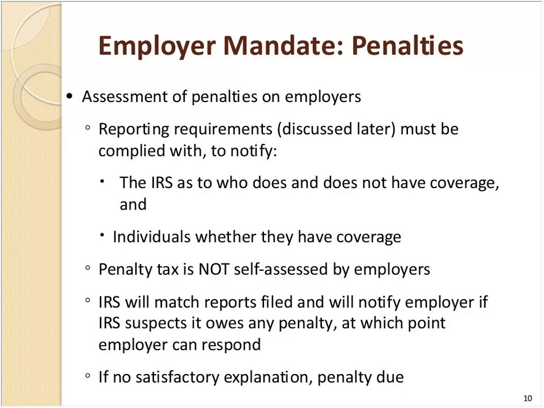The IRS will determine whether a given individual is entitled to a subsidy based on the information that individual provides, and then the IRS will contact the employer if there is an individual that the IRS is providing a subsidy to, and will find out whether the employer owes the penalty by getting the employer's response to its notification.